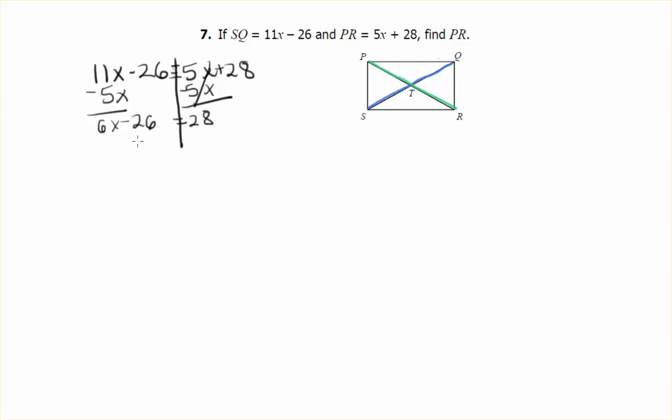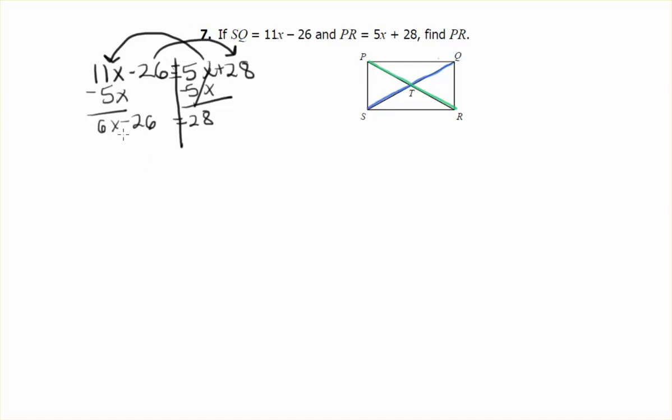equals 28. And when you're solving algebraic equations, you could always picture it like it's a swing. So we took the 5x to this side. Just like a swing, when you swing you go forward and then you got to come backward. So then we want to take our constant, that 26, over to our other side. So whatever you take forward has to go backward.